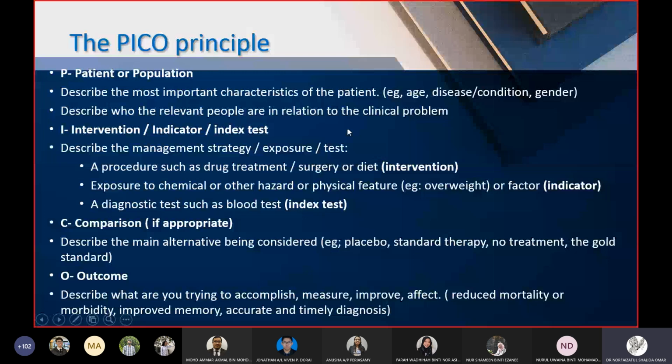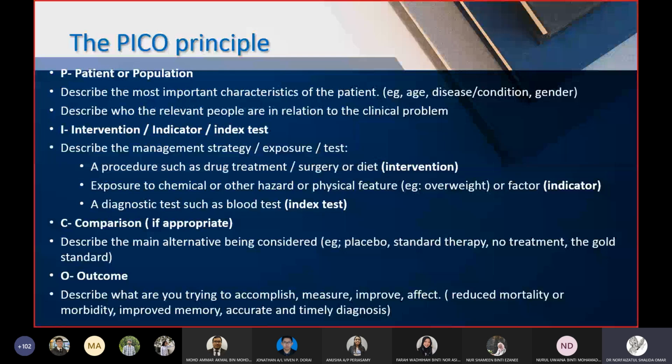Then the intervention usually is a procedure such as drug treatment or chemical or other hazard, physical features, or even in a diagnostic test, it's usually the index test, like in the COVID just now. So the intervention, the index test, is the rapid test kit.